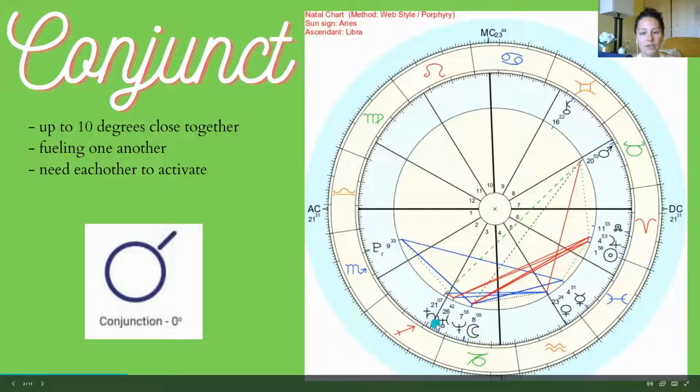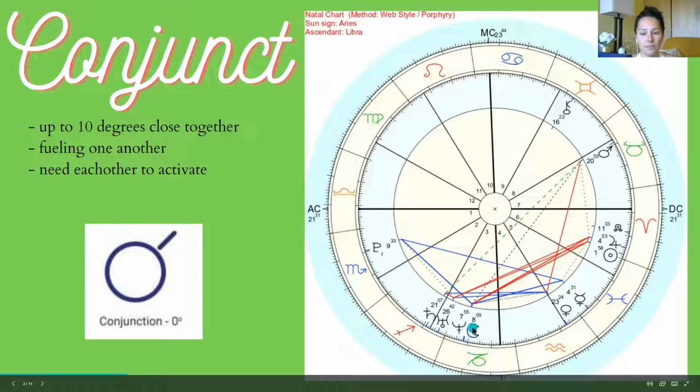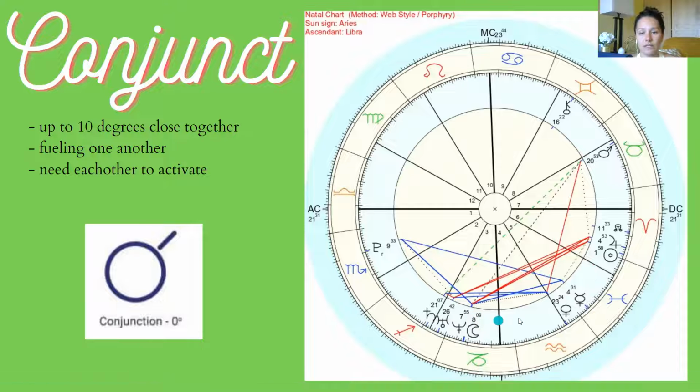So we've got Saturn and Uranus, and Moon and Neptune conjunct. Those are two different conjunctions. And then we've got Jupiter and Sun conjunct. They're 3 degrees apart. And we've got Jupiter and North Node conjunct. They are 7 degrees apart.